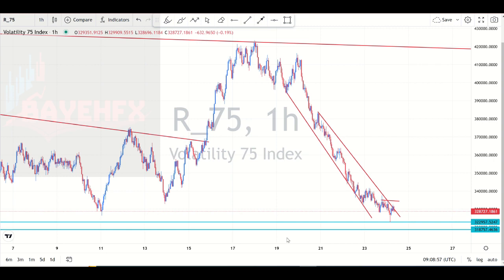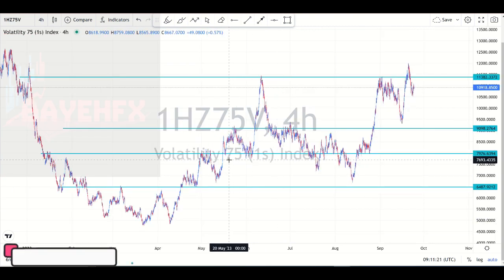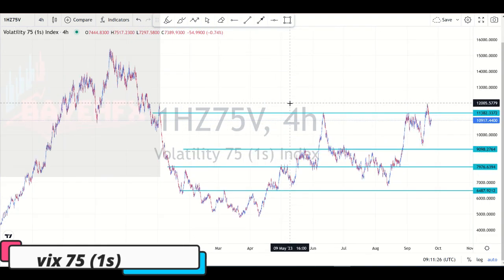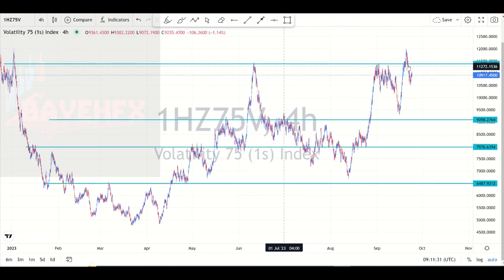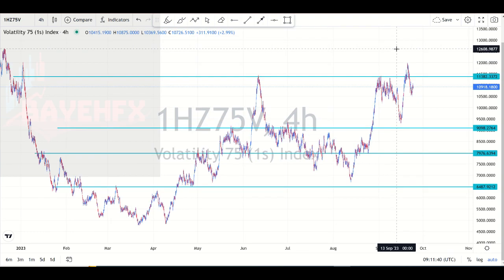Let's go to VIX75 spot. So guys, this is VIX75, or you call it VIX75 spot. As you can see here, we've been on a nice uptrend there, and the market created a new low there, came back for a nice retest, and then we are speculating for a bullish continuation to the upside. Why?